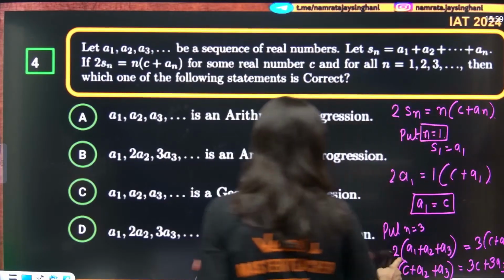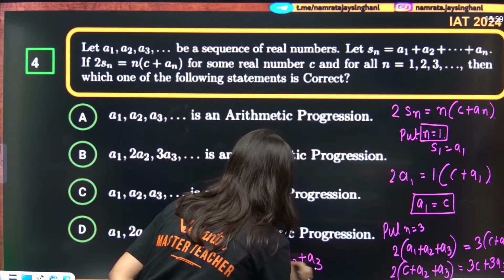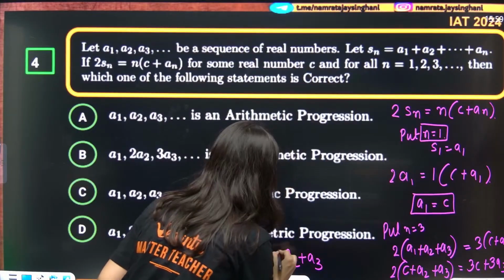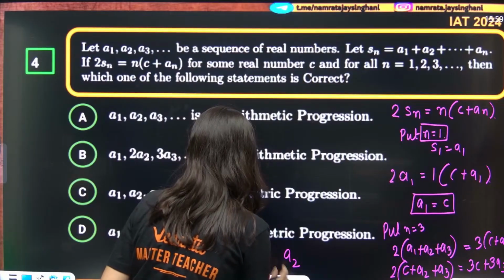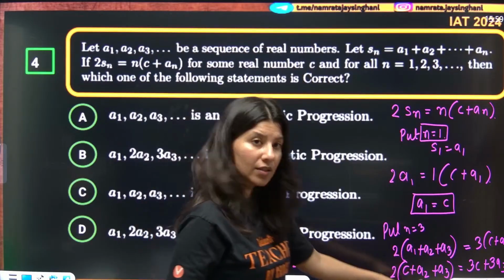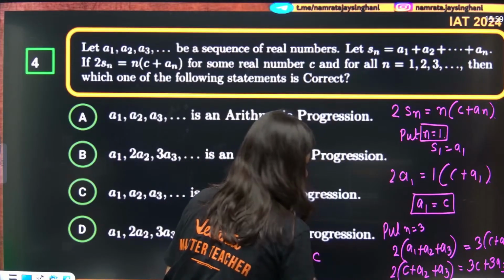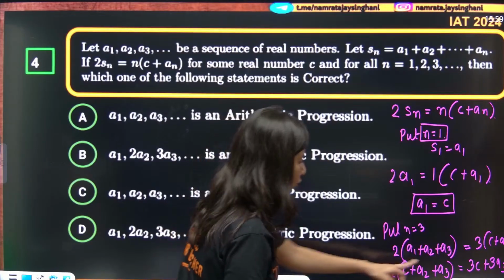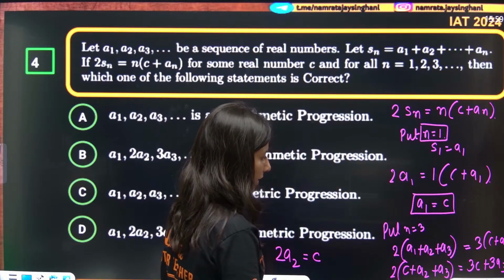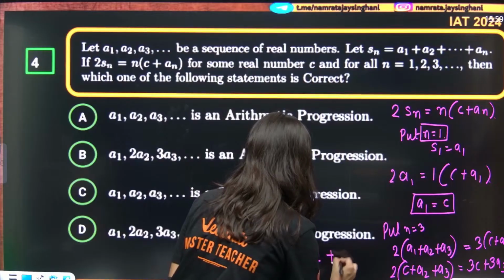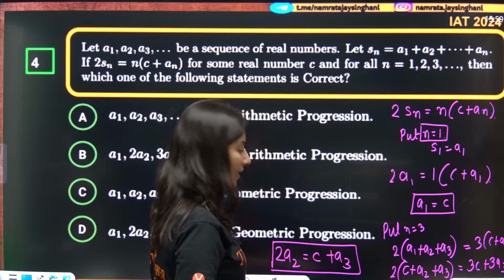Clearly 2C, and so this is A2 plus A3, 2A2. I am keeping 2A2 here, rest everything on the right hand side. So 3C minus 2C is C, and 3A3 minus 2A3 is A3. 2A2 is equal to C plus A3.